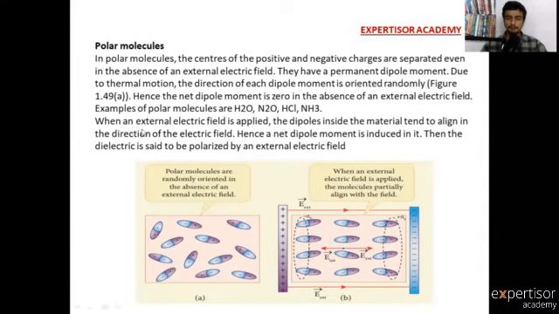When an external electric field is applied, the dipoles inside the material tend to align in the direction of the external electric field. See here, this is the alignment of the polar molecules, and this is the direction of the external electric field.